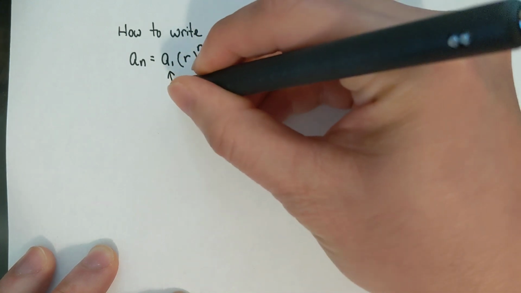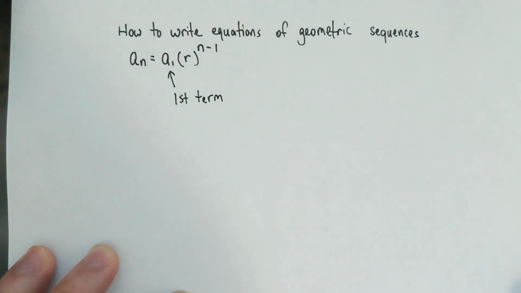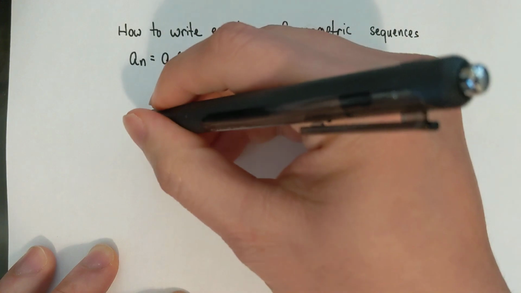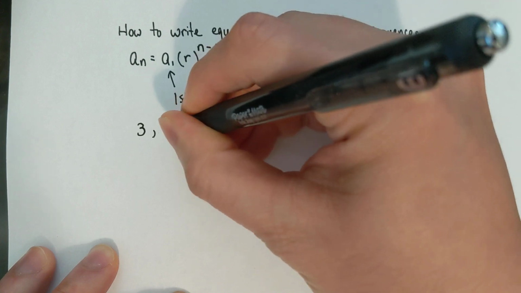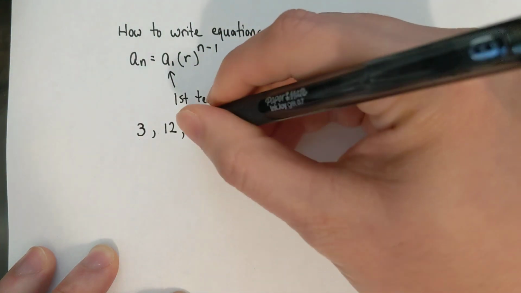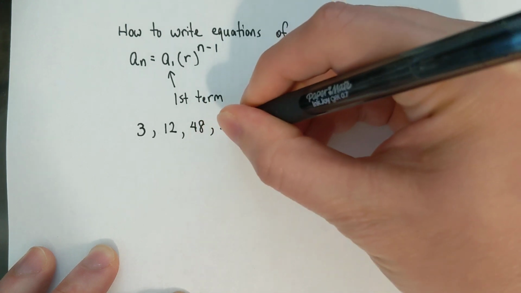Now, a1 refers to the first term of the sequence. So let me give you a sequence. This here is an example of a geometric sequence: 3, 12, 48, and let's just assume this pattern goes on forever.